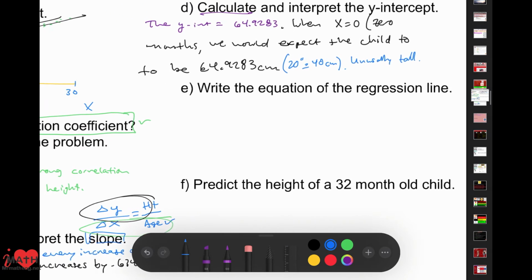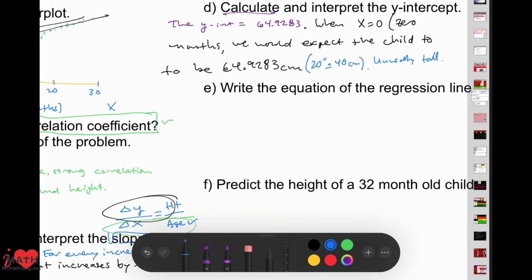Okay, write an equation of the regression line. So our equation is going to be y hat, because that's a prediction, remember you can choose any form you want.